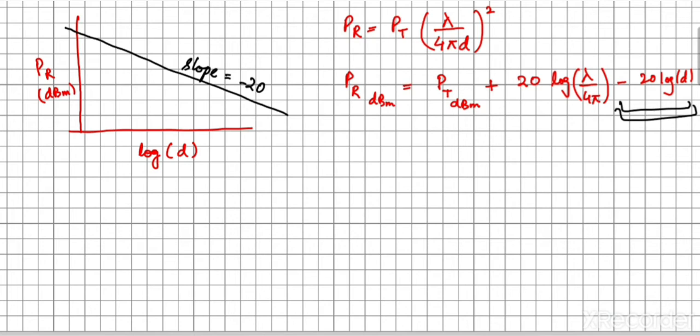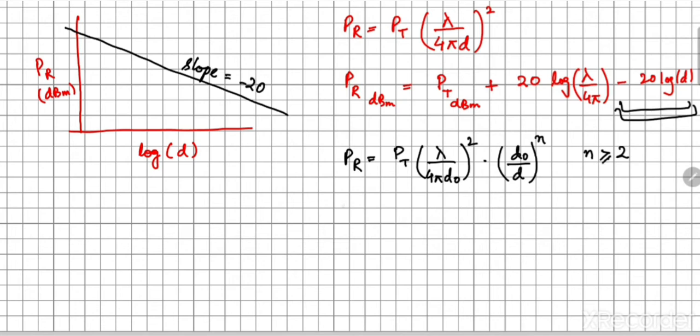Now if you imagine the expression that we wrote down for the more real life wireless communication environment, we said that PR is equal to PT times (lambda by 4 pi d naught) whole square times (d naught by d) raised to the power of n, and n is greater than or equal to 2.